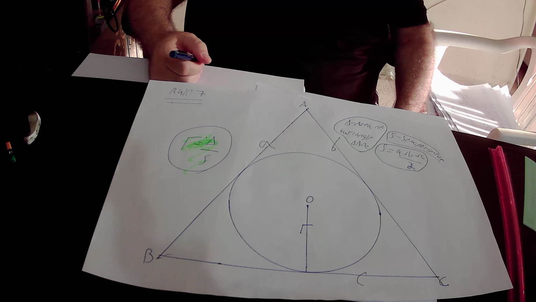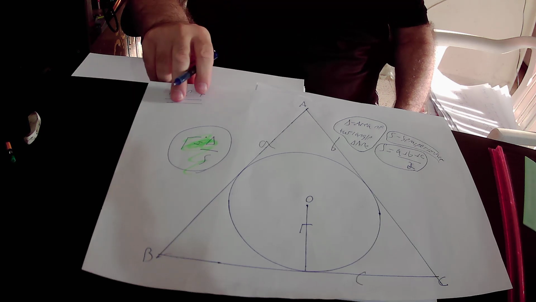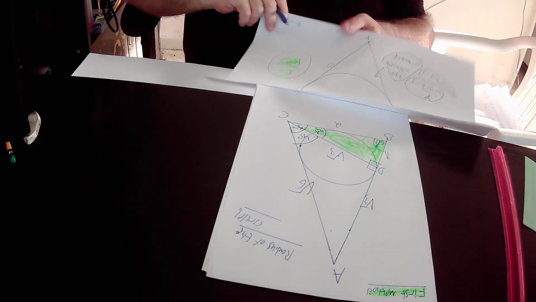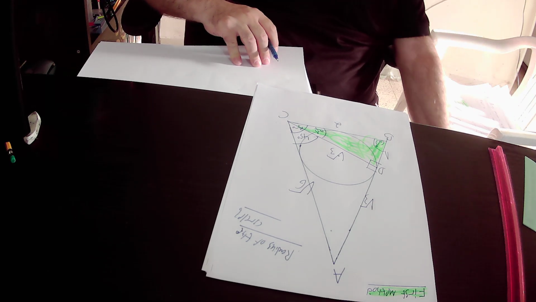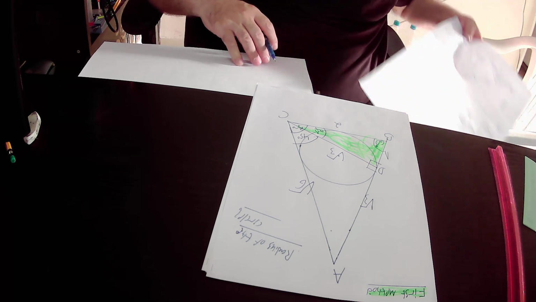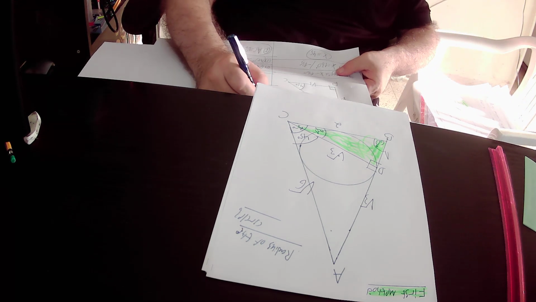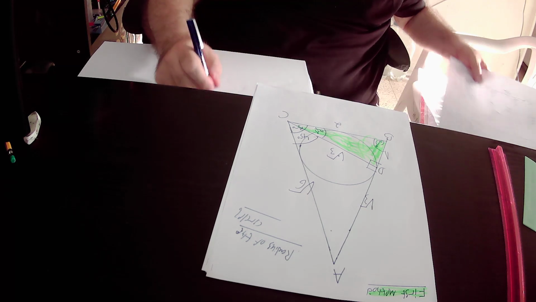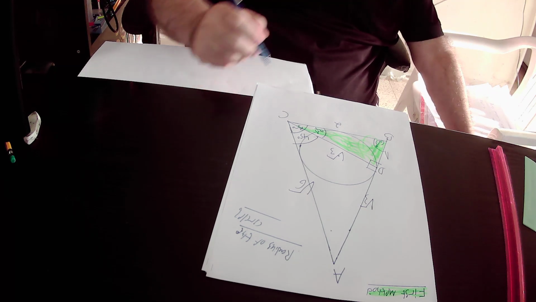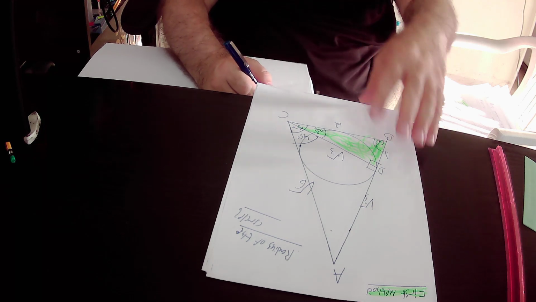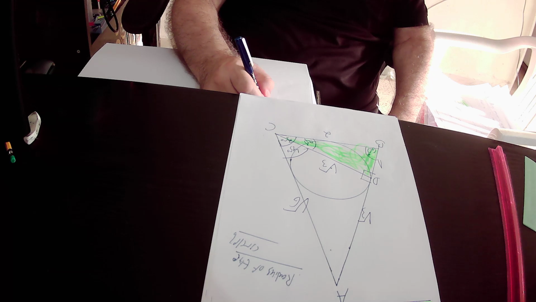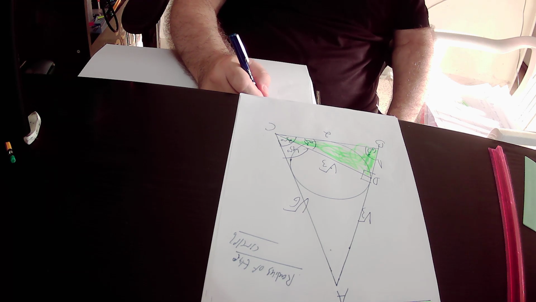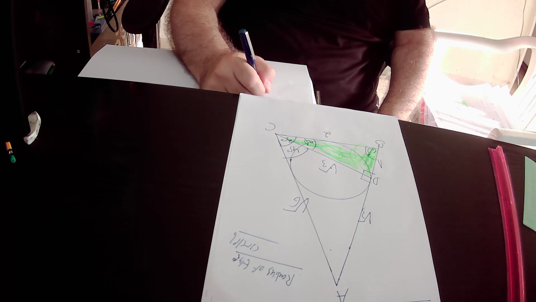Okay, so we'll implement the new rule in our drawing. According to the new formula, the radius of the circle that is described by triangle ABC will be defined as R. It will be equal to the area of triangle ABC over the semi-perimeter of triangle ABC.